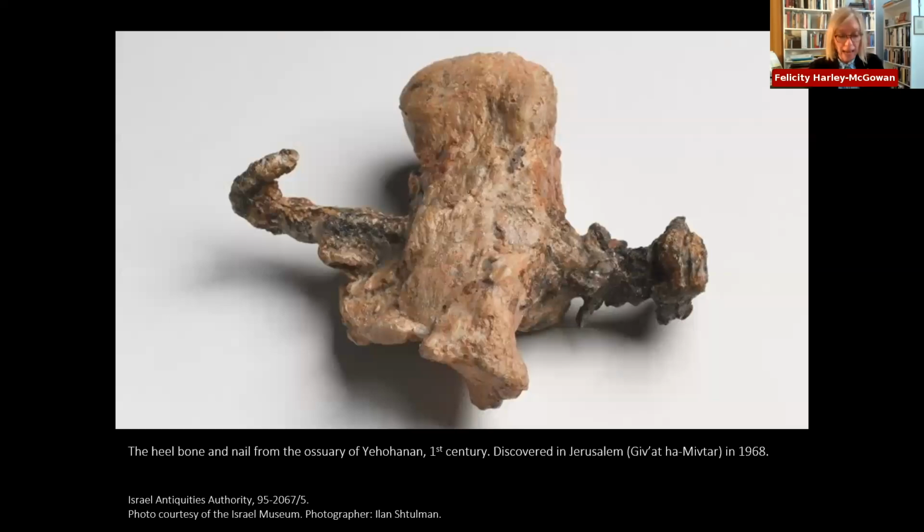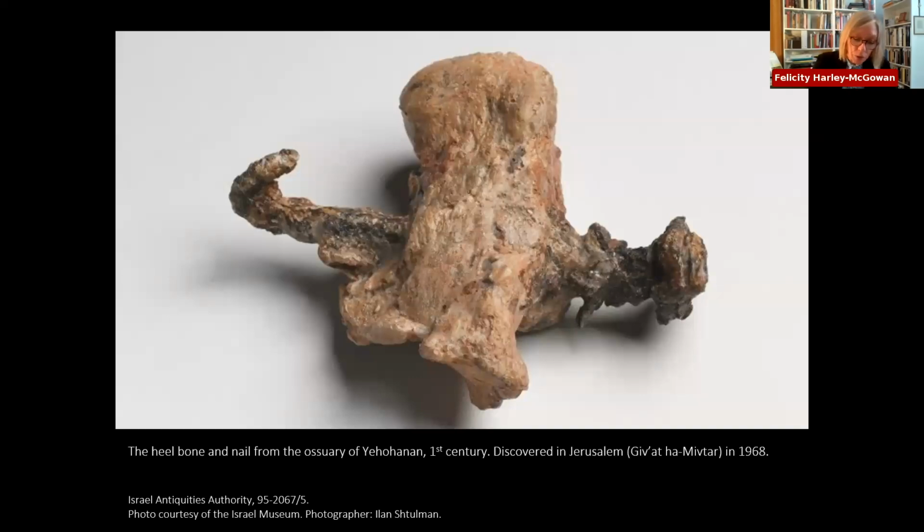Opinions have varied as to how the heel bone was positioned on the vertical shaft and nailed to it, reflecting some of our modern preoccupations about the specificity of the carrying out of crucifixion as a repeatable process. But this archaeological evidence can be situated alongside the visual evidence to begin to build a richer picture of methods, even if that picture is slightly sketchy.